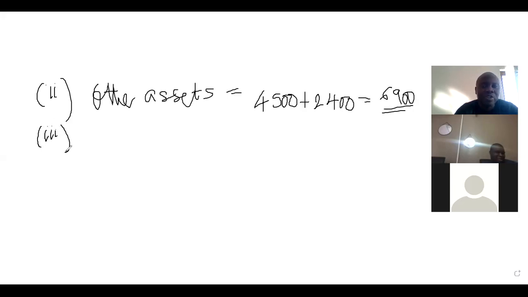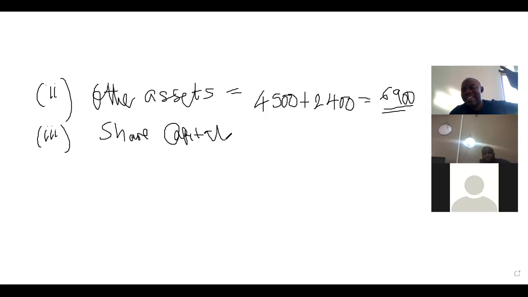Then share capital. What story do you have on the share capital? Get the one from the parent. Yes, you only pick from the parent because the other component has already been included in your Goodwill computations. Remember, when you are canceling off the investment, which is sitting in the parent company, you also cancel off your equity.